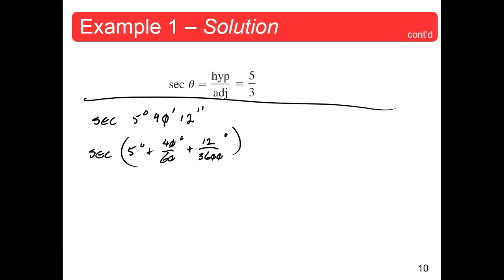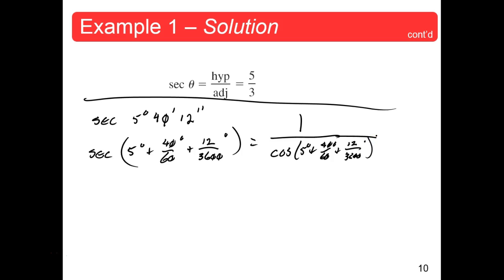Now, that won't help me a lot because I still don't know how to take a secant. Or do I? What is a secant? It's the reciprocal of cosine, exactly. So here's one way to do it. This is 1 over the cosine of 5 degrees plus 40 over 60 degrees plus 12 over 3,600, and that'll be in degrees too.